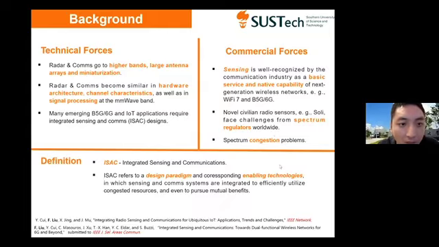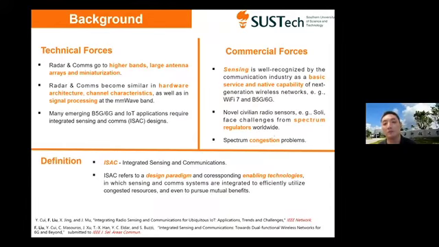Radar and communication become more and more similar in hardware architecture, channel characteristics, as well as in signal processing, especially at high frequency bands like millimeter wave and terahertz band. And of course, many emerging beyond 5G and 6G and IoT applications require integrated sensing and communication designs.